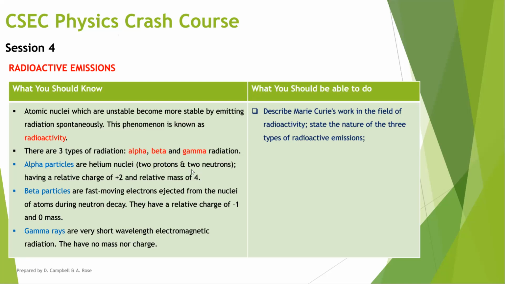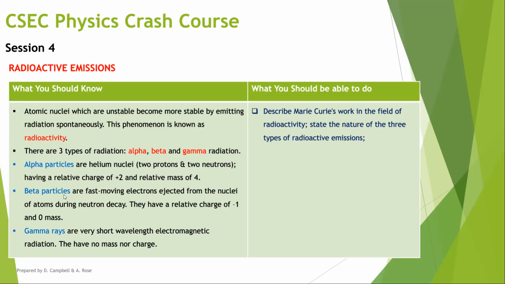If you recall, protons and neutrons have about the same approximate masses. So 2 and 2 is 4. We have a relative mass of 4 for the alpha particle, and a relative charge of +2 because of the 2 protons. No electrons to cancel out these positive charges. So whenever you hear of alpha particles, you're thinking of helium nuclei.